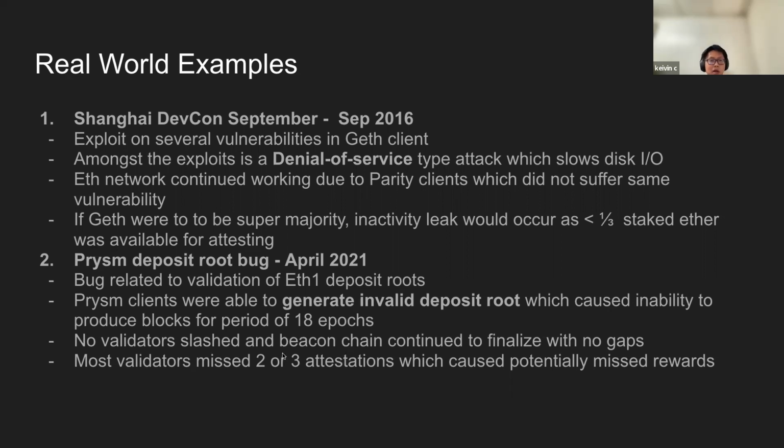Thankfully, no validators were slashed, and there weren't any gaps. However, the validators running Prysm missed 2 or 3 attestations, which caused some minor rewards to be missed out.